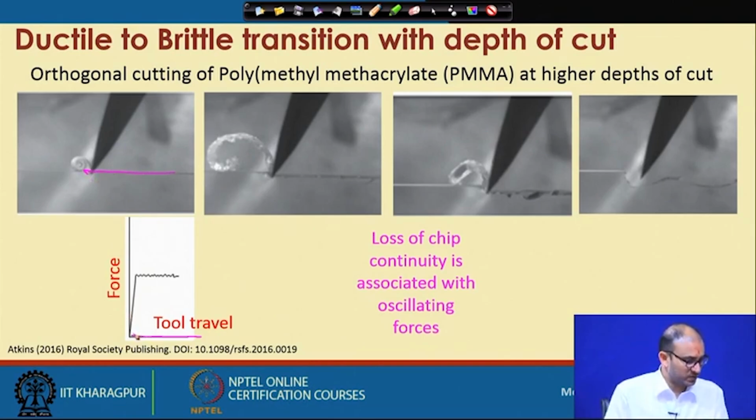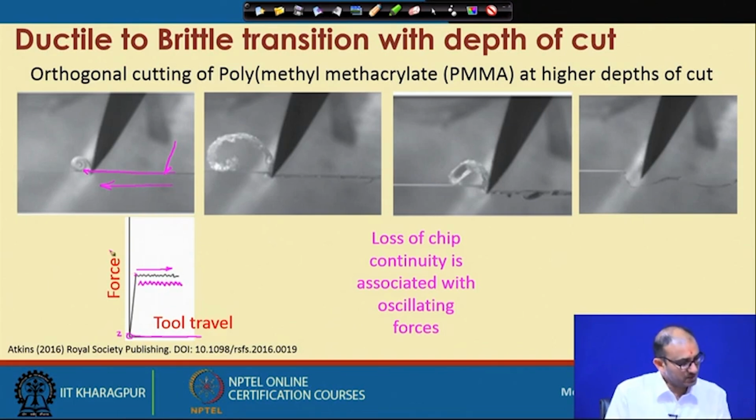Initially, when it is not in contact, you obviously get zero force, and when the tool gradually penetrates into the material, the forces increase suddenly. Then, when moving in the feed direction, the force stabilizes in a particular band or range. The variation in this case is very small.